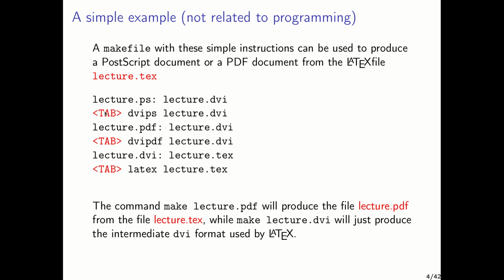What you see here, the symbol tab, indicates the tabulator character. This is very important because you need the tabulator character to indicate the commands that form what is called the rules. Okay? So remember, you need the tab, not spaces. Tab.